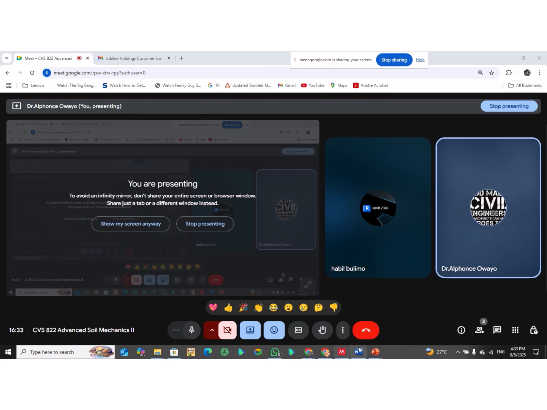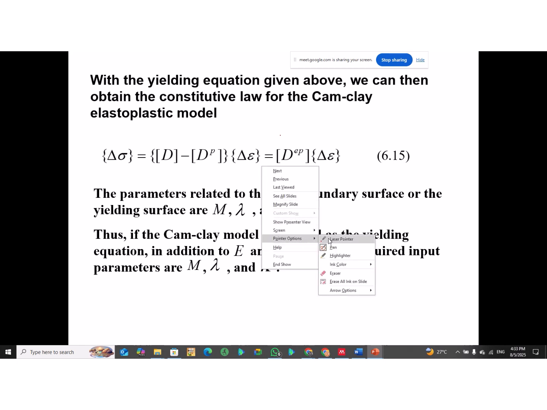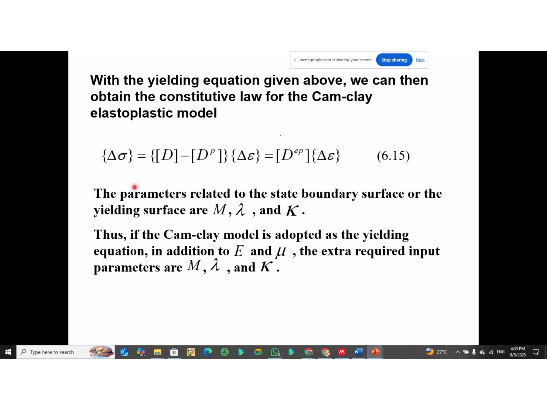So the parameters related to the state boundary surface are M, lambda, and kappa. That's if the Chemclay model adopts the yielding equation.